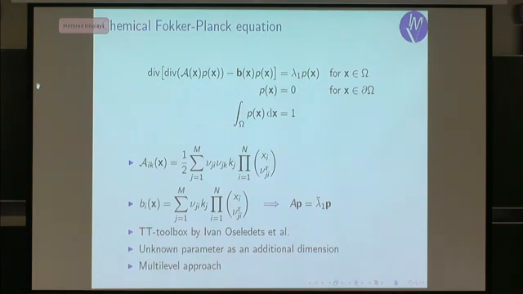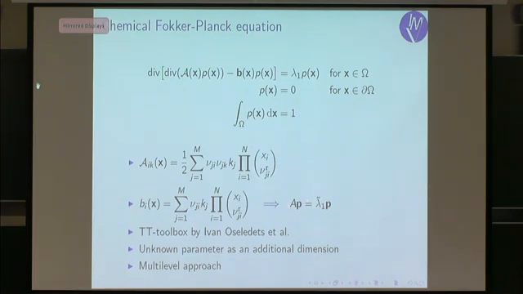So this is the conclusion, that I can use the trick that I have shown you for the Poisson equation. I can use it for the chemical Fokker-Planck equation as well. It's a little bit more complicated because I have more terms and I have these coefficients, but basically the idea can be put forward, and I can derive the matrix in that tensor format.